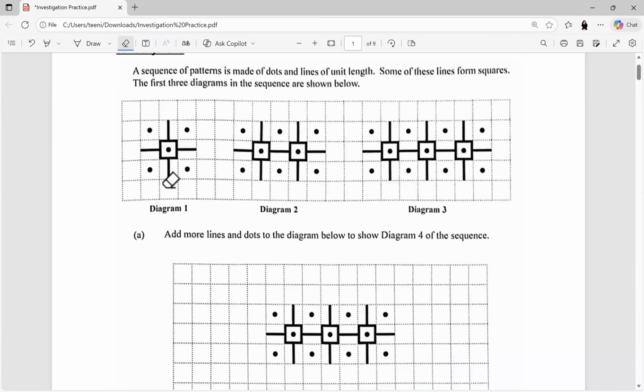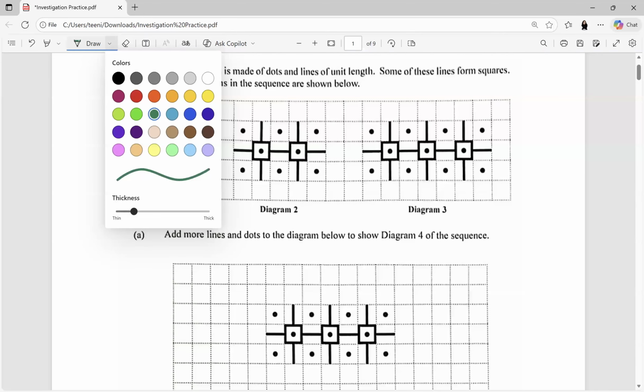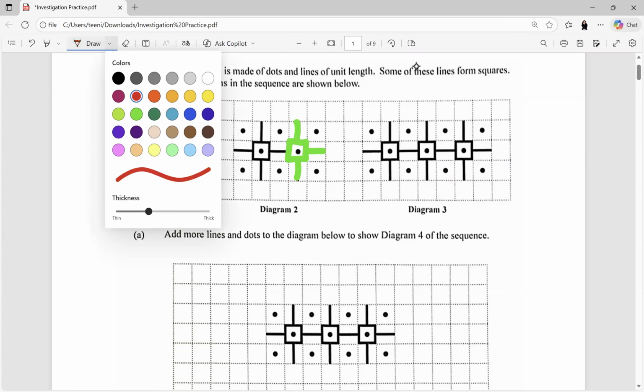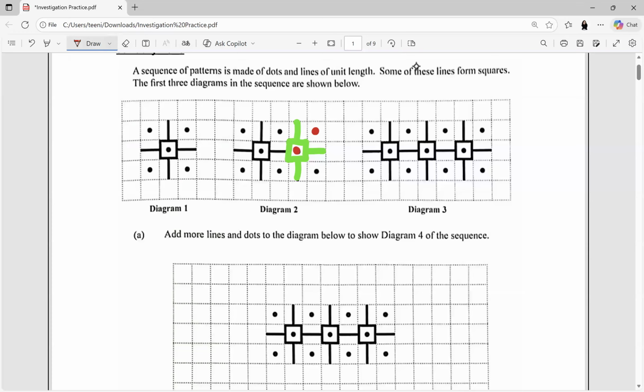What is happening? And we established that in each new diagram, like in diagram 2, and I'm literally doing it over because this is something that could be a bit confusing, right? So in each new diagram, for instance, in diagram 2, you have 7 new lines being added and 3 dots.